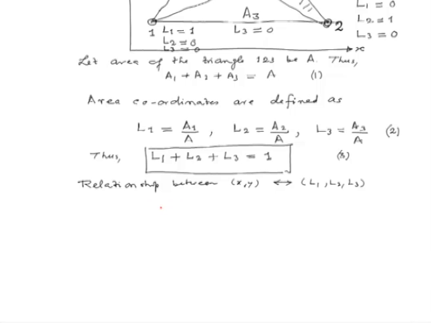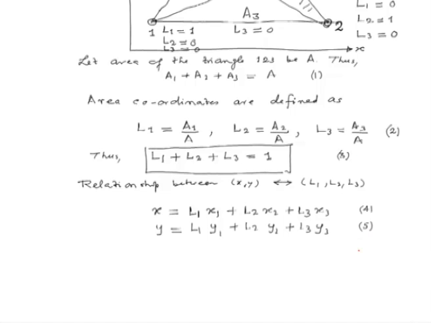So, the x coordinate of a point P would be given by L1 x1 plus L2 x2 plus L3 x3. Similarly, the y coordinate is given by L1 y1 plus L2 y2 plus L3 y3. Okay, now we can collect these equations together.